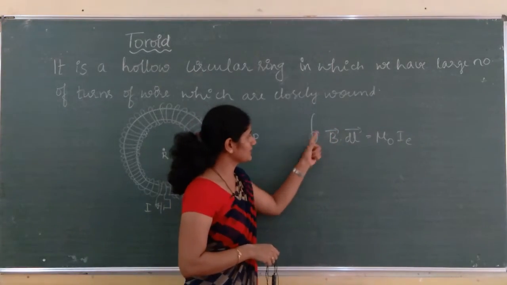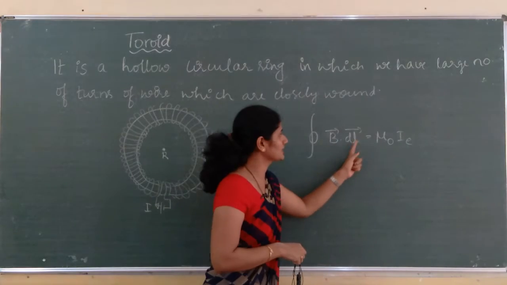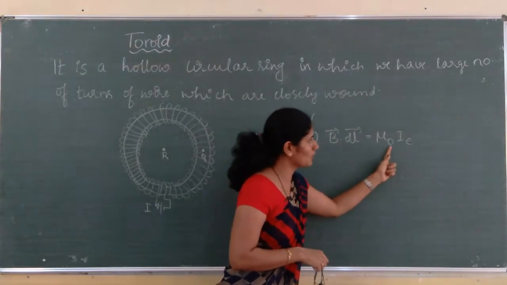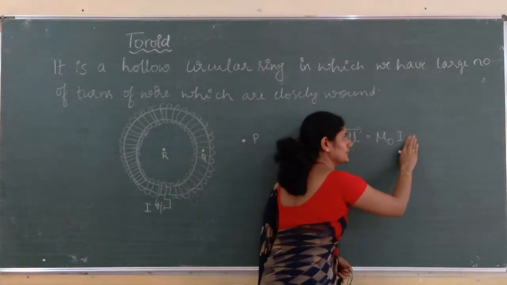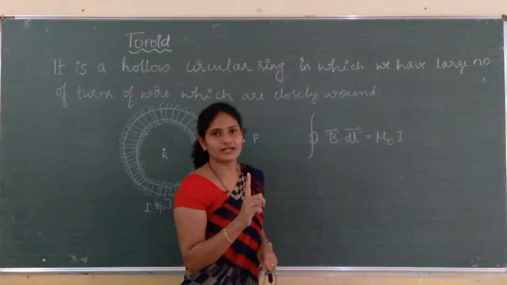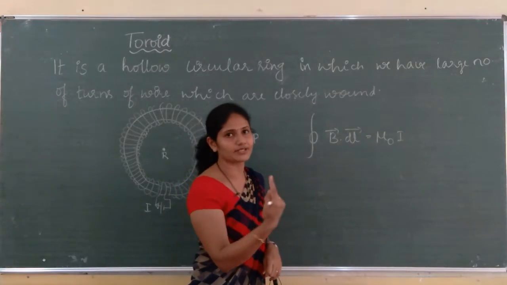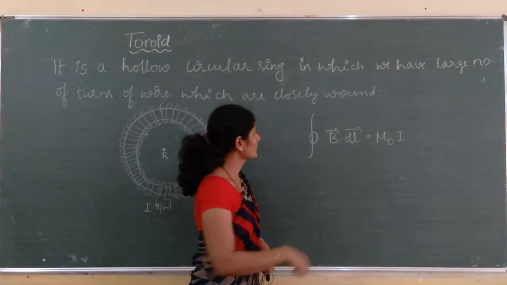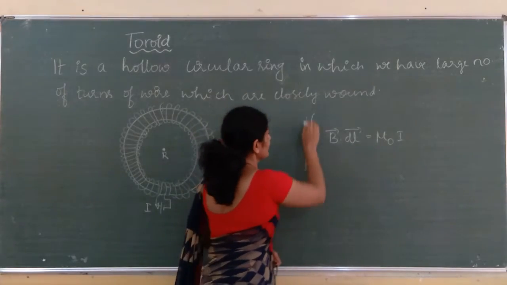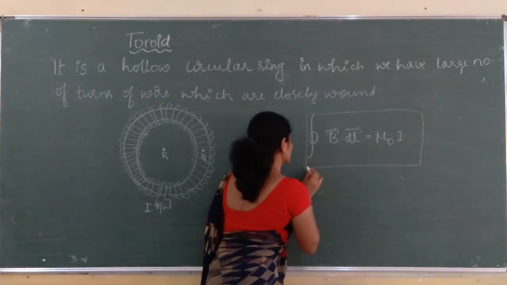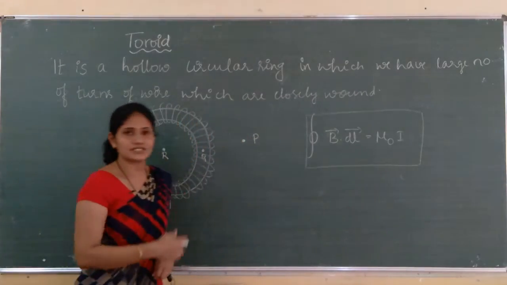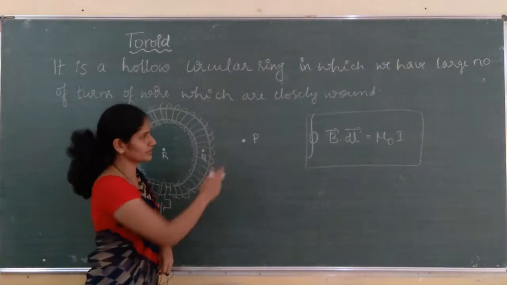The closed line integral B vector dot dl vector is equal to mu naught into I_E or I, where I is the current which is enclosed in the Amperian loop. So this is the expression for Ampere's circuital law. Let us use Ampere's circuital law here.